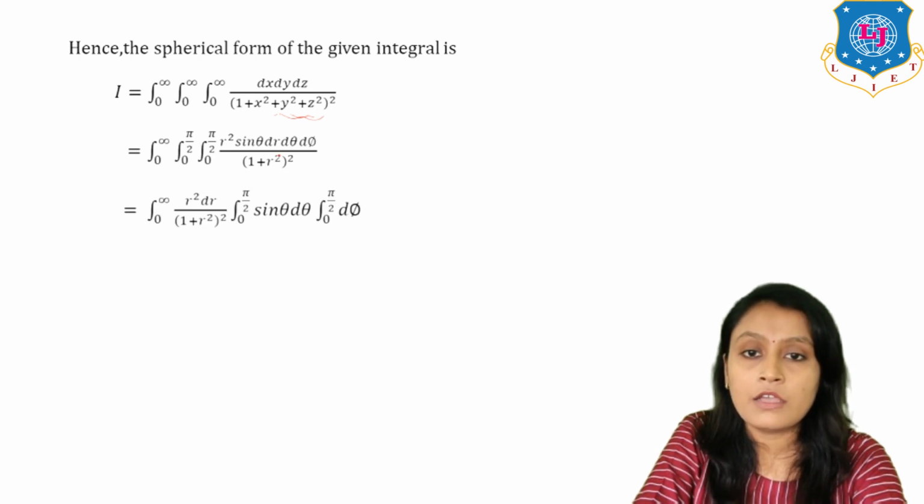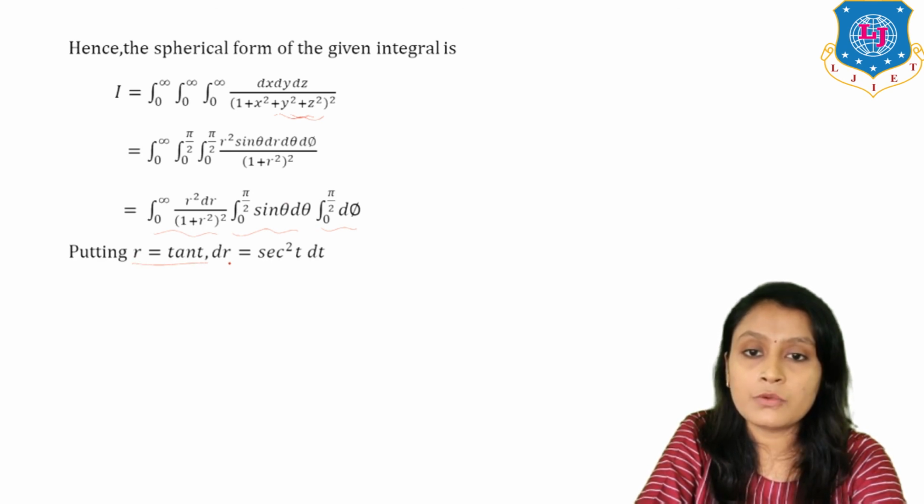Next we have to separate these three integrals with respect to phi, theta and r. Here we have all the theta terms, here phi, and here the terms of r. Now we will suppose r as tan t, so you will get dr as sec square t dt.